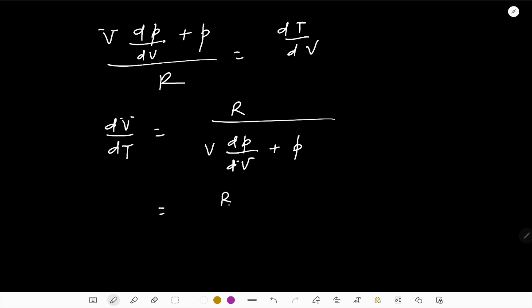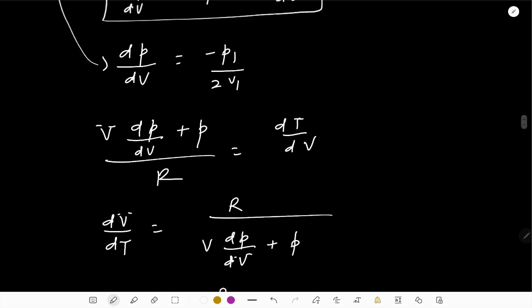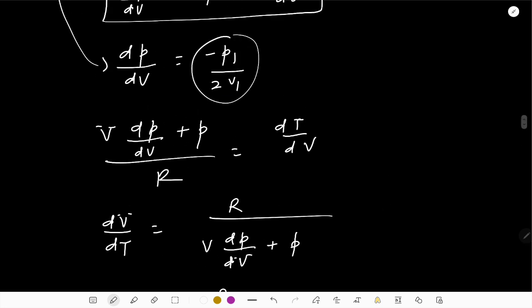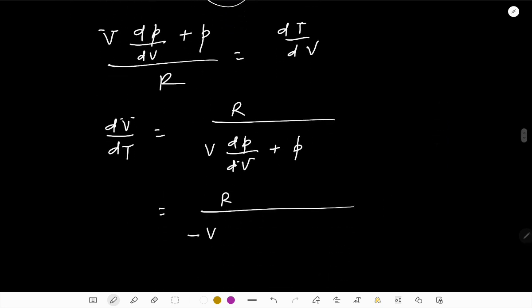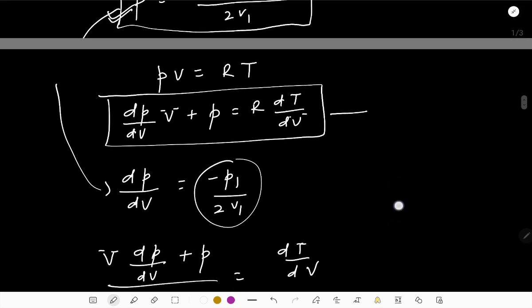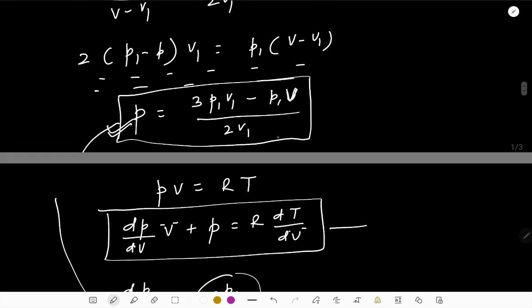I got everything ready, so it becomes V dP by dV, which is here minus P1 by 2V1, so I can write it minus P1 by 2V1 plus P. I would like to write P simply from here: the whole statement, 3P1V1 minus P1V.